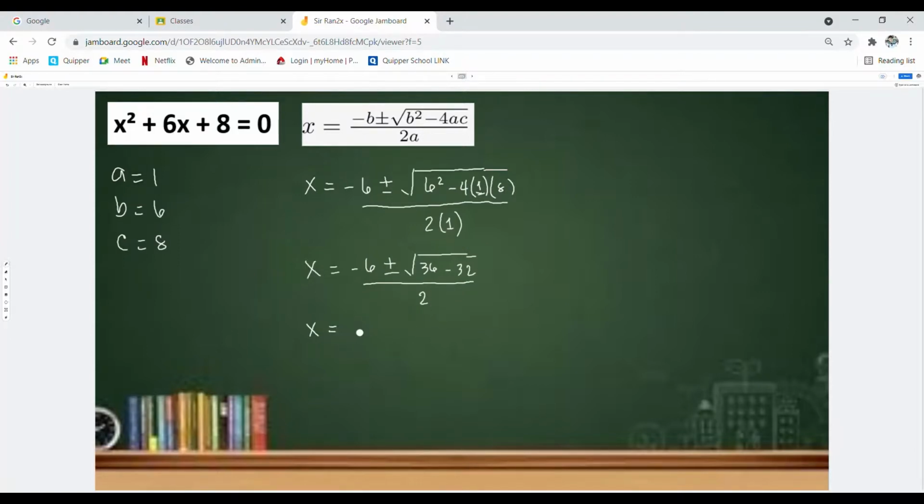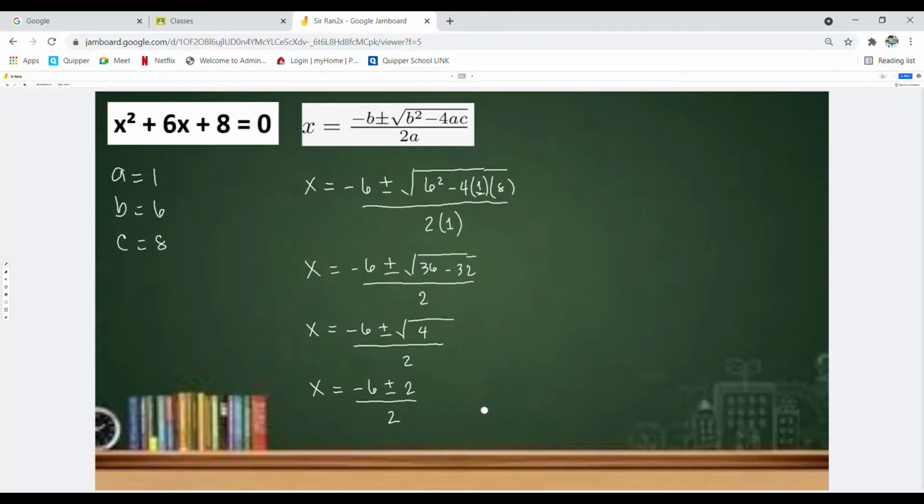Now simplify the radicand. Okay, you have 36 minus 32, that's 4. Over 2, and after that you are going to extract the square root of 4. So you have x equals negative 6 plus minus the square root of 4 is 2 over 2.